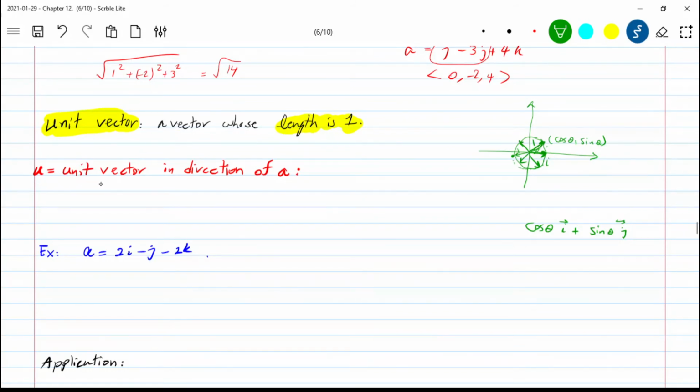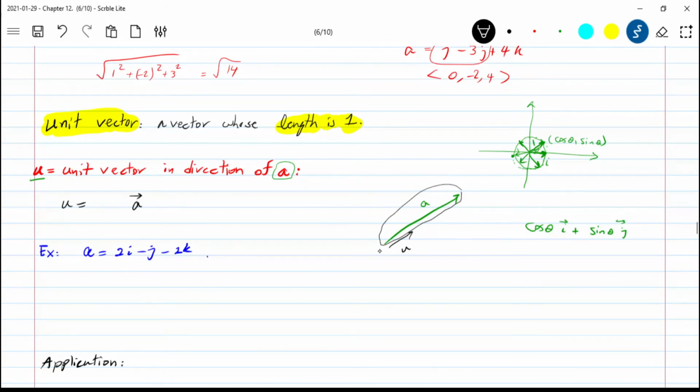So if you have a given vector A, which doesn't have length 1, and they ask you to find the unit vector u along the same direction of A, the only thing I care about is to rescale A to have length 1.